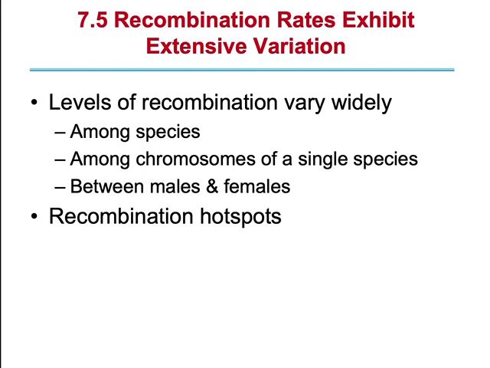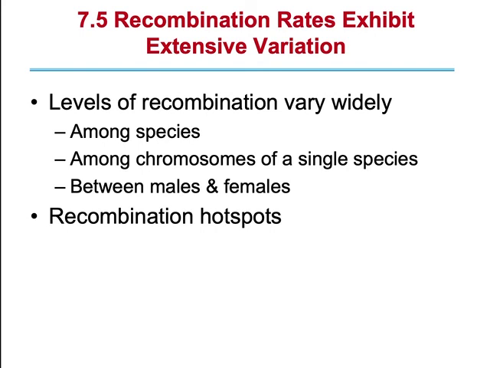In recent years, we've studied variation in rates of recombination and found that they vary. They vary among species and among and along chromosomes of a single species, and even between males and females of the same species. As an example, about twice as much recombination takes place in humans as in mice and rats.